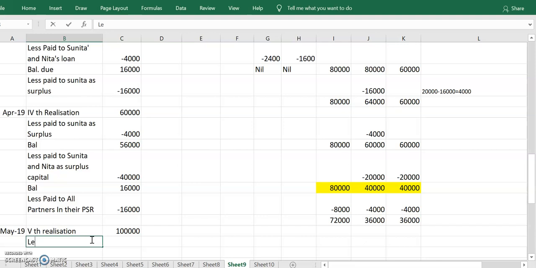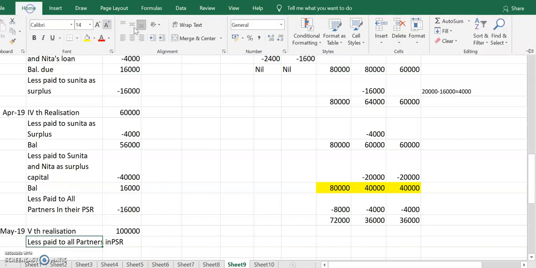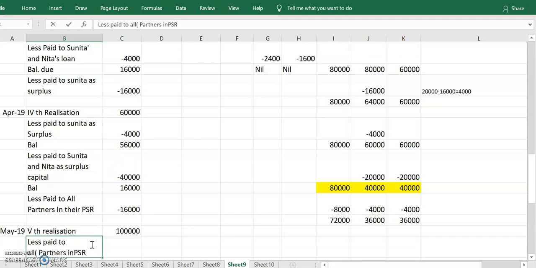Whatever their profit sharing ratio is, it is present in your question. In this question, it is 2:1:1. So 1 lakh must be paid in this ratio.